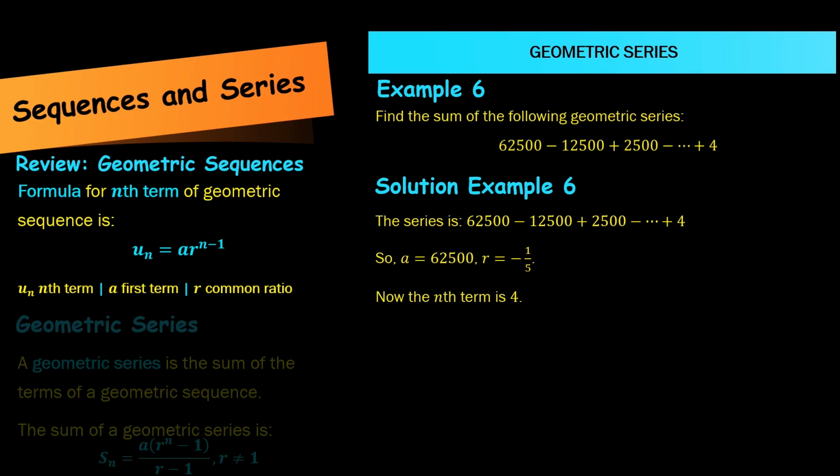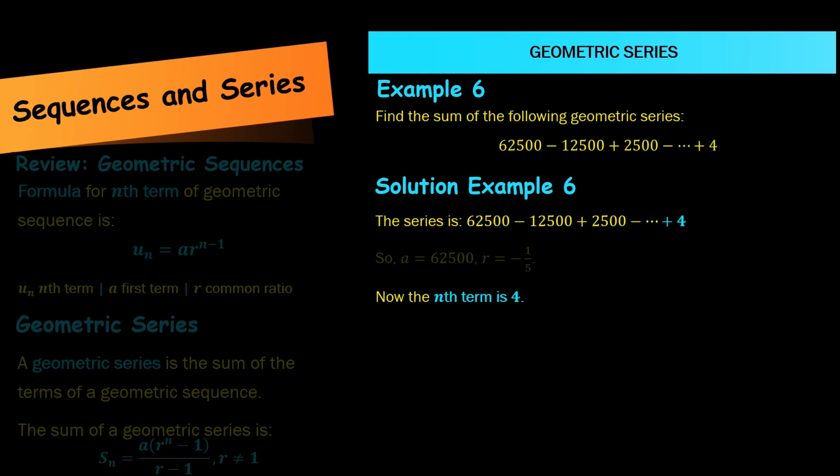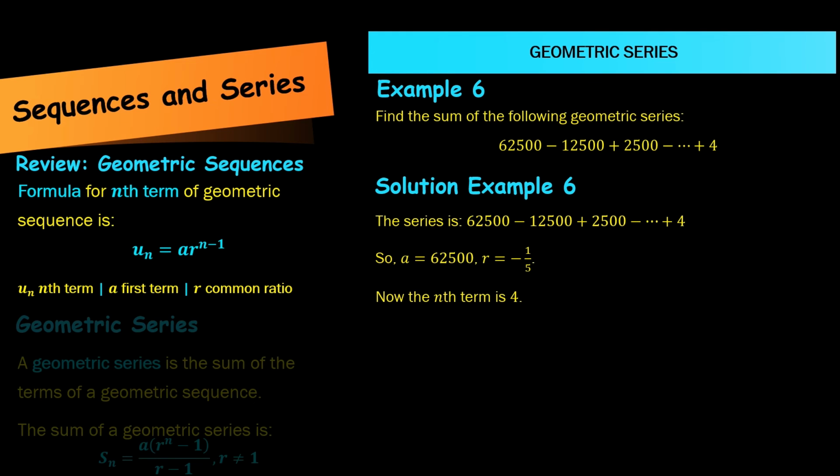We also know that the nth term is 4. And therefore, if we plug in all these values into the formula for the nth term, we obtain 4, which is the nth term, equals 62,500, the value of A, times minus 1 over 5, which is the value of R, raised to the power n minus 1. And of course n is the value which we're looking for.